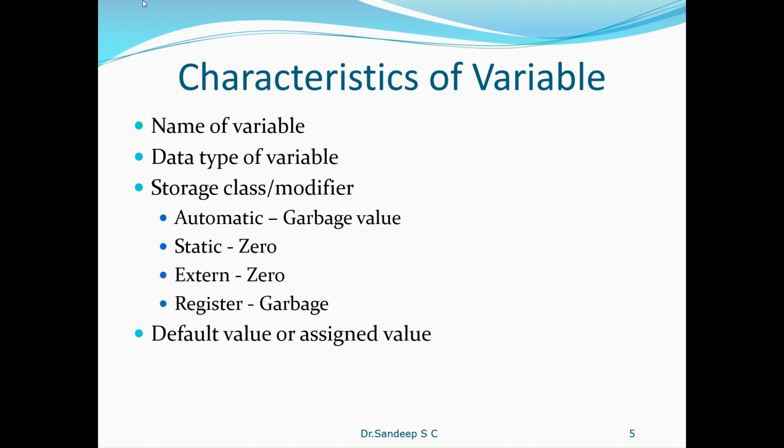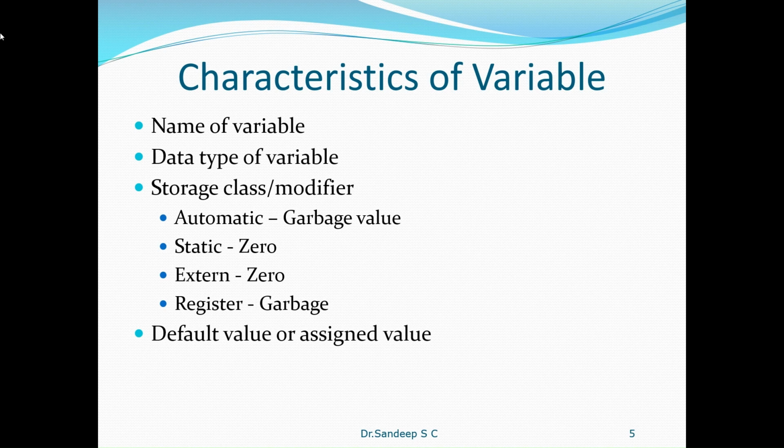By default, it is taken as the automatic storage class. And if we don't initialize any value, then it will have a garbage value by default. Whereas when we have a variable with a storage class of static or extern, the default value will be 0 for them.